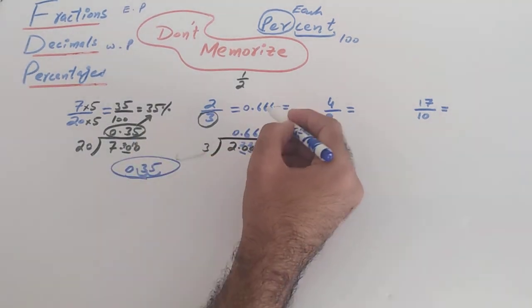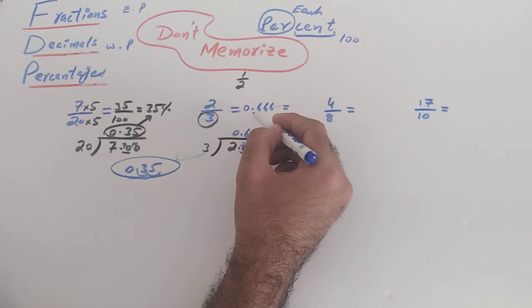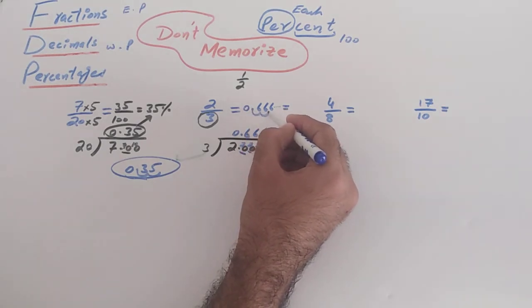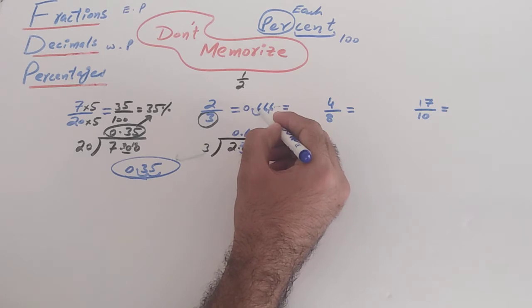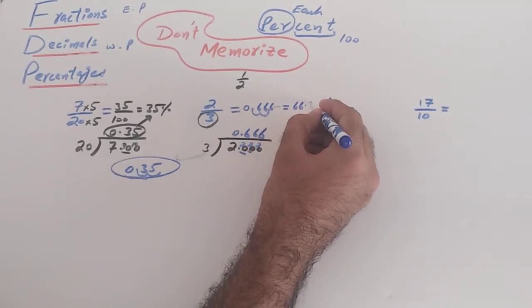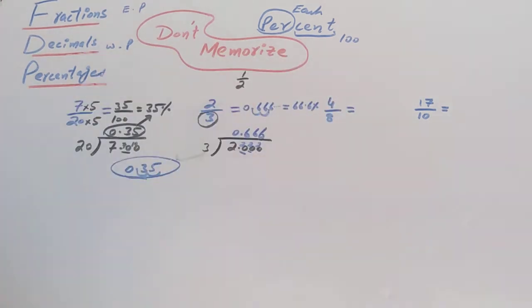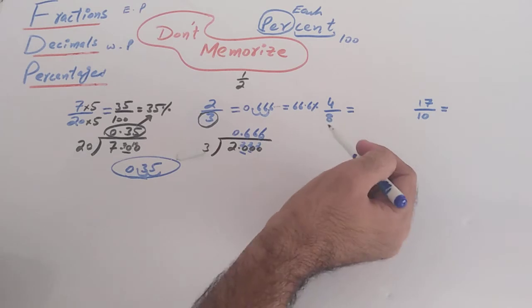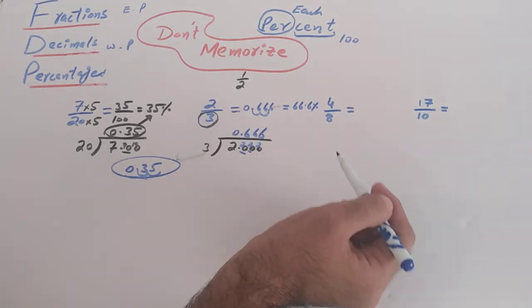Same now. If you follow the same way, we multiply by 100, so it will be 66.6%. Okay, that's easy.